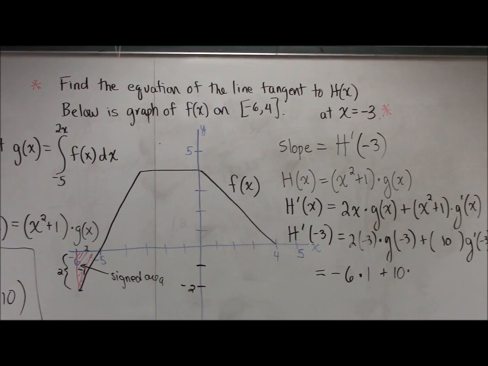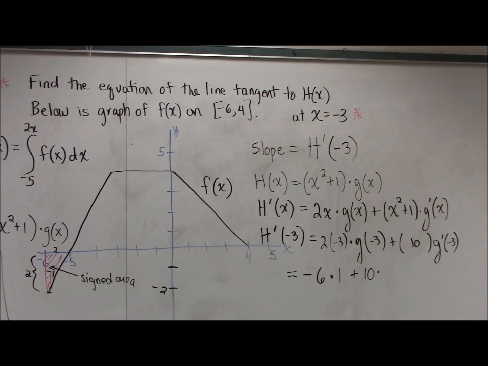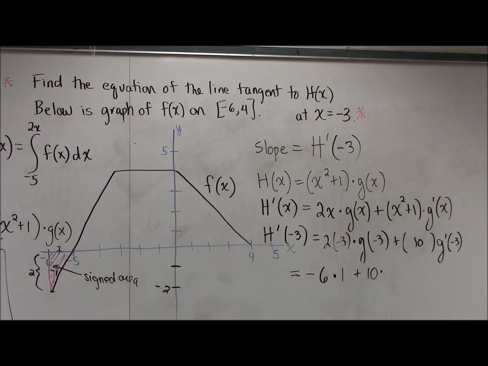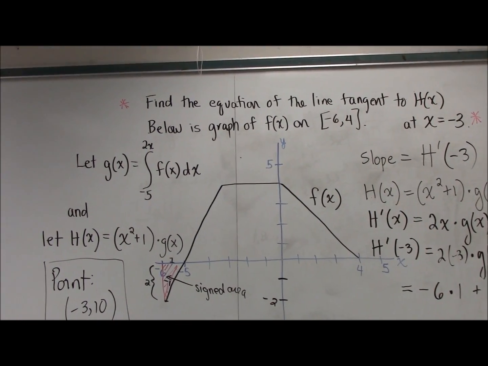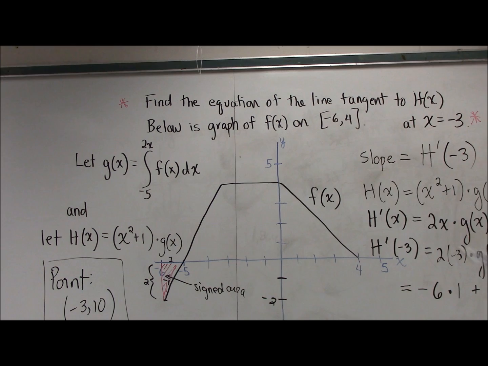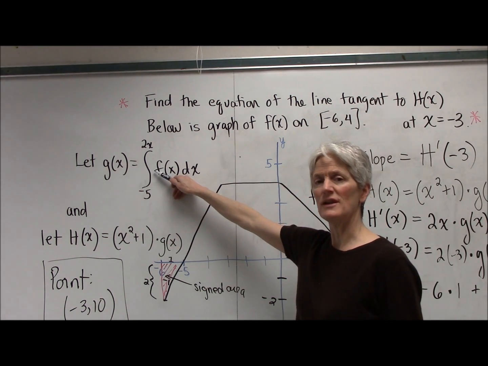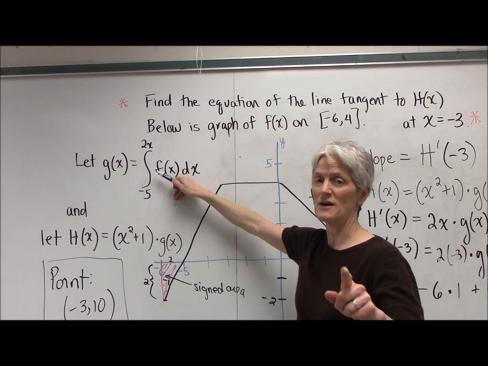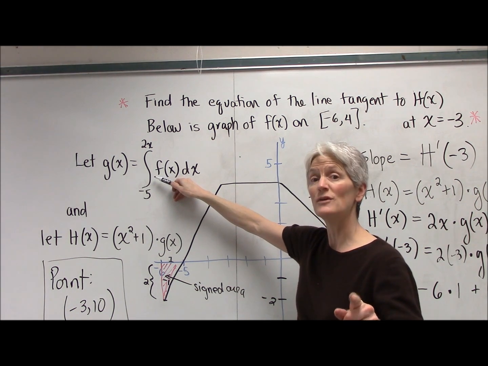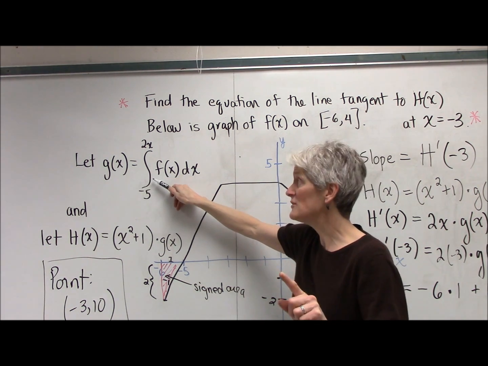So how am I going to find g prime? Well, g prime means I have to take the derivative of g of x. So how do I take the derivative of an integral like this? Fundamental theorem of calculus, part 2. That's right. We're taking the derivative of an integral.